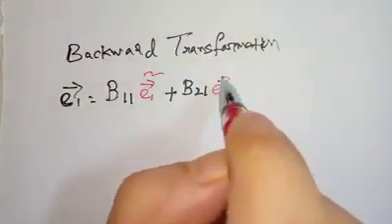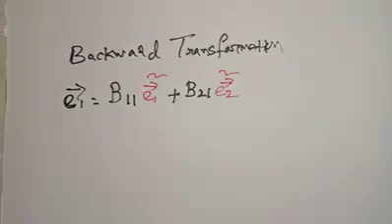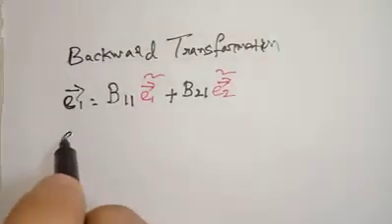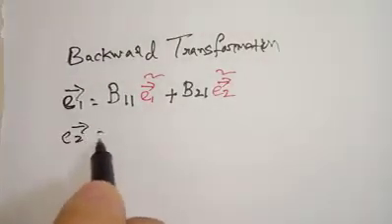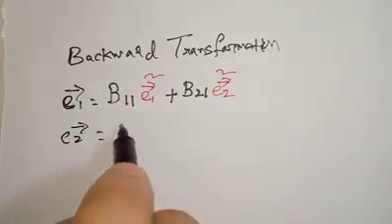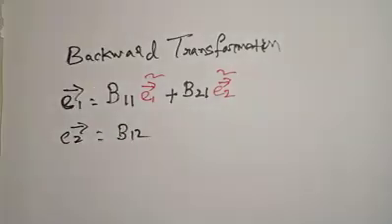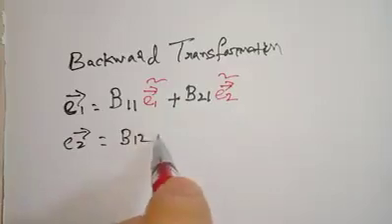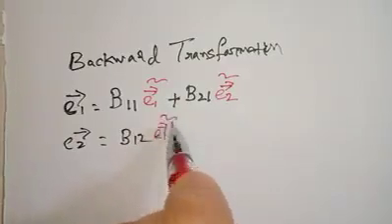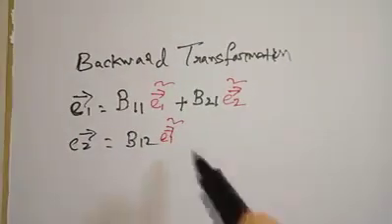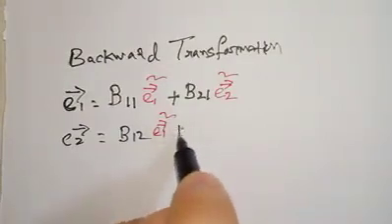Then we take E2, which would be B12 E1 tilde plus B22 E2 tilde.